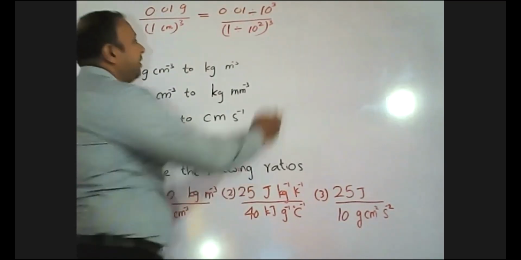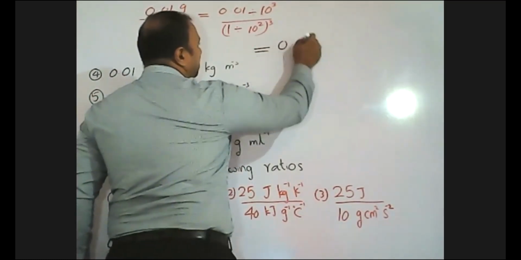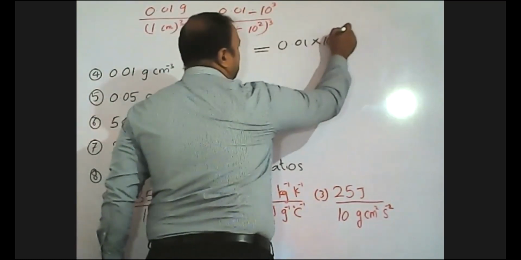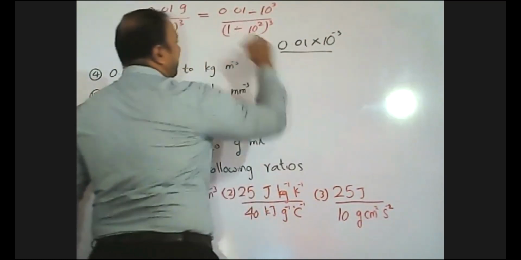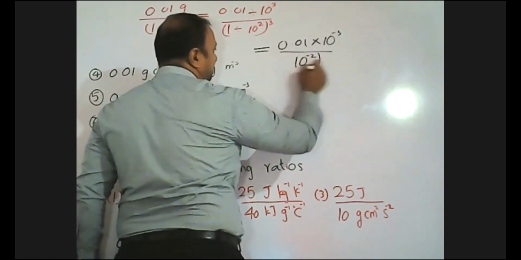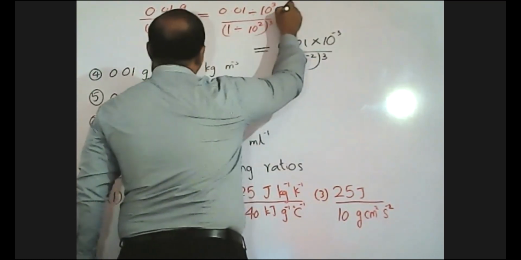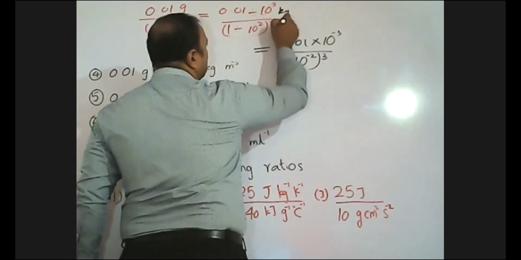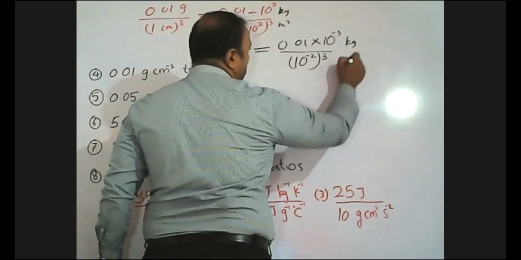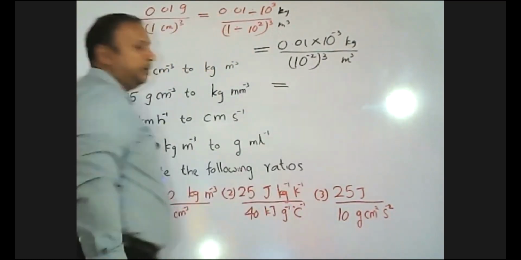So I can write this one as multiplication with the minus power. This one kilogram per meter cube.